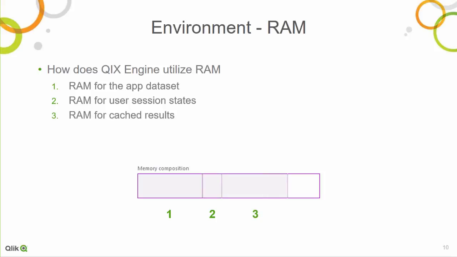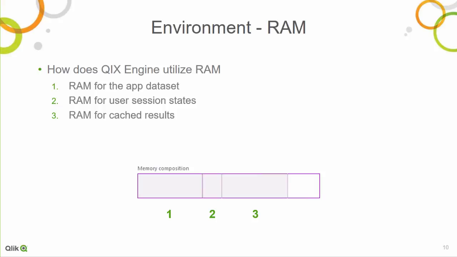The third type is the calculated result for all the user activities. And this part is also well known as the cache memory. So the result in the cache memory can be reused by the engine very quickly. So that is one key feature for a performing engine of Qlik Sense.